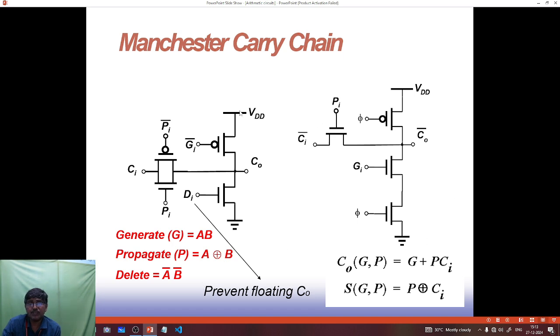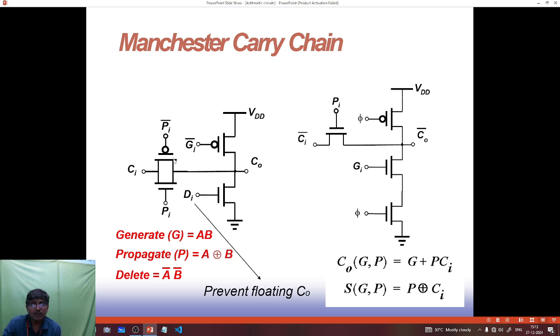Now what happens? Gi bar is connected to inverters in the PMOS circuit, and delete is connected to the NMOS circuit. When we give Ci as the input and Pi is equal to 0, what happens?